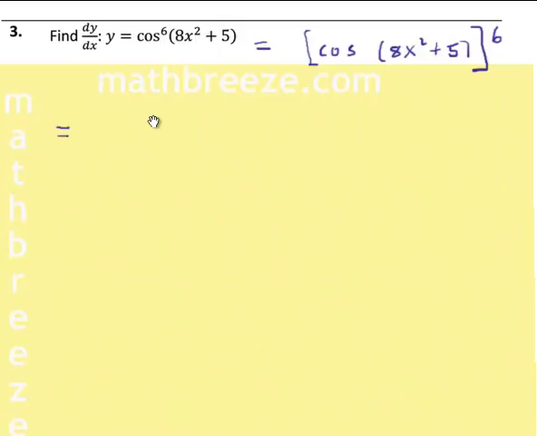Okay, now we're going to use the chain rule, and we'll start with taking the derivative of the outermost function, which is the exponent 6. Just bring that down. And subtract 1 from the exponent, and rewrite what's inside the brackets.